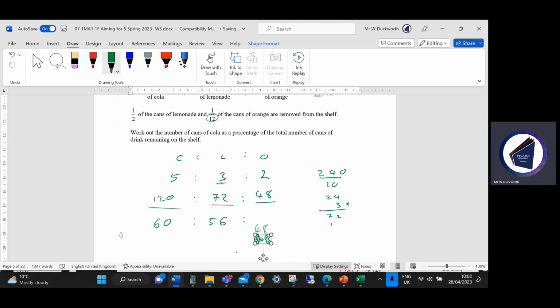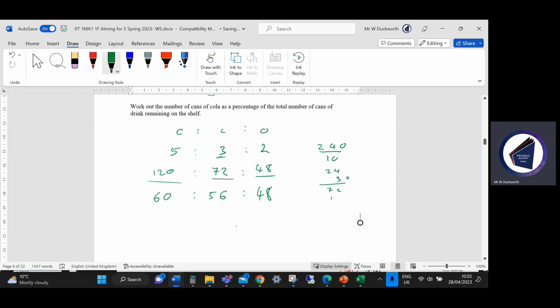So we have the total number of cans remaining. Oops, need to enlarge that. Just go back on that slightly. There we go, and move that into the right place. Right, so now these are going to be our values.